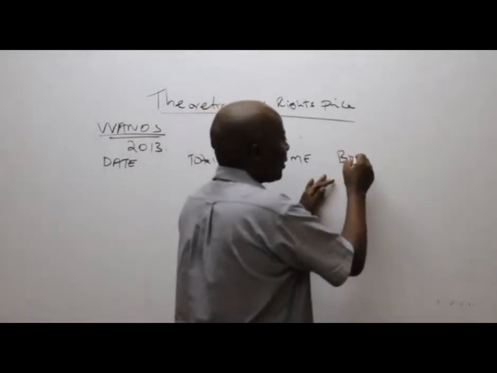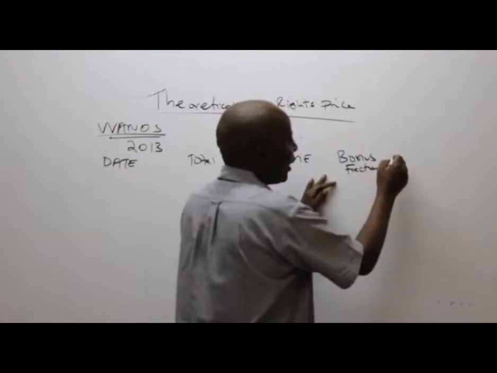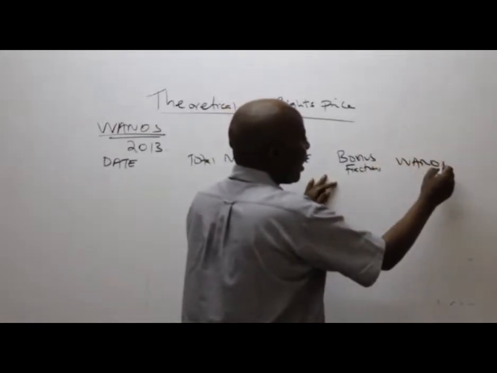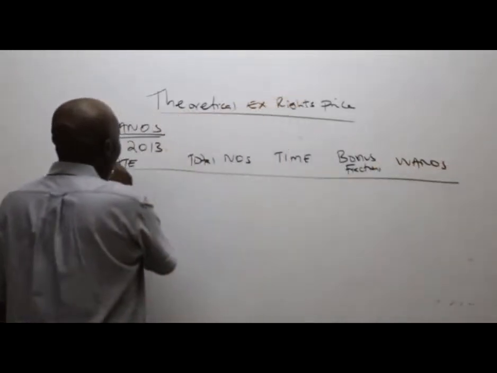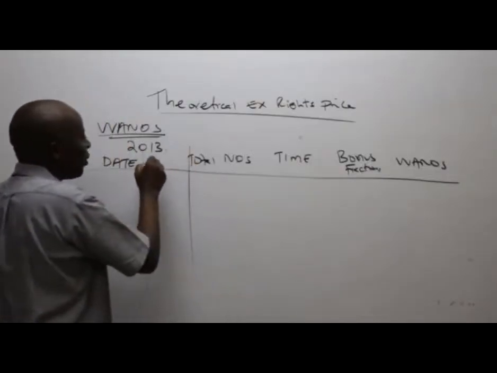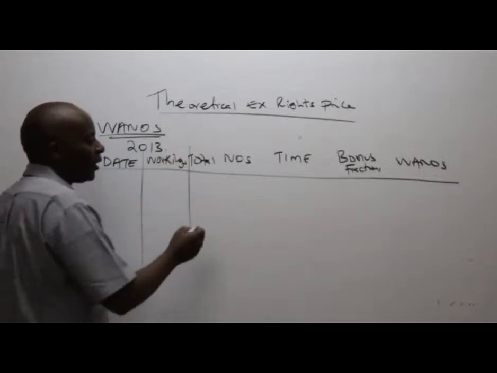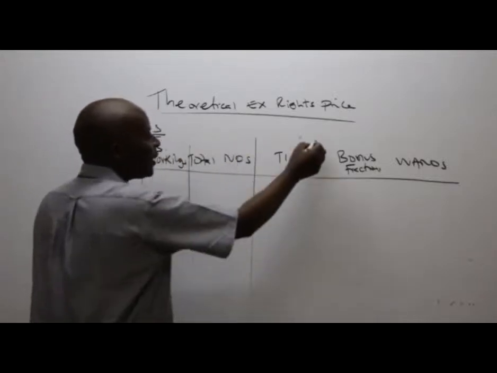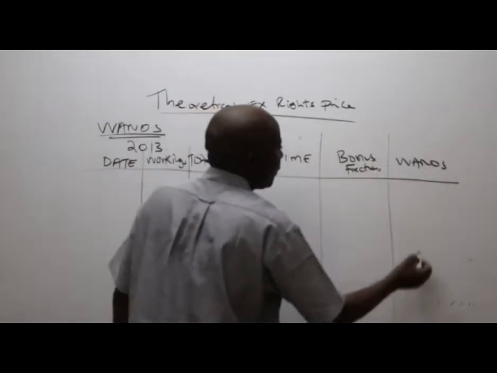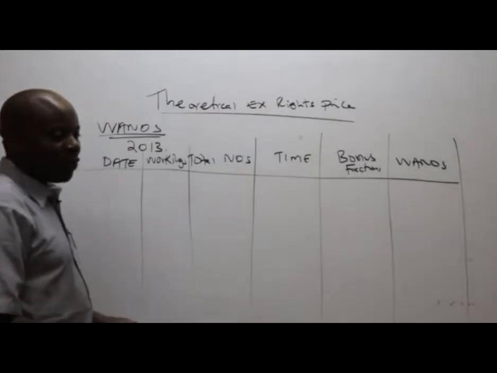We have the bonus or the rights fraction, isn't it? And then lastly, we have what here? The one-os like that. Remember, you must isolate. Even if you want, you can put workings here in the middle. I have seen others put workings in the middle, which is still okay. So we have the total number of ordinary shares, we have time, we have bonus fraction, and then we have one-os.